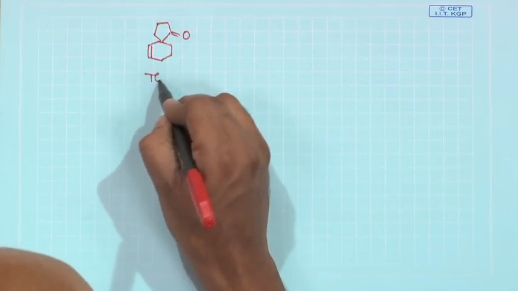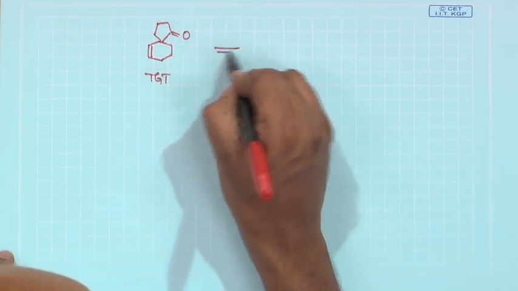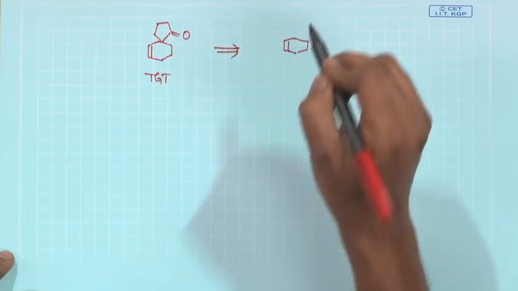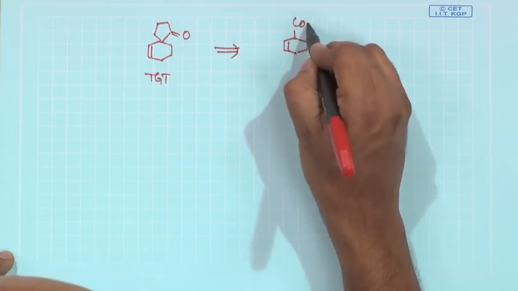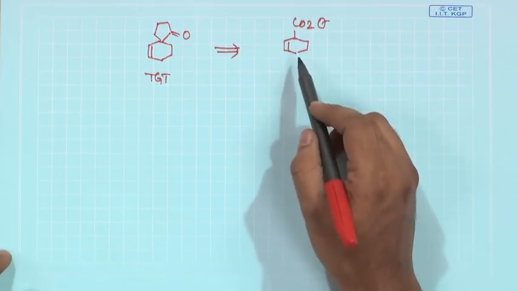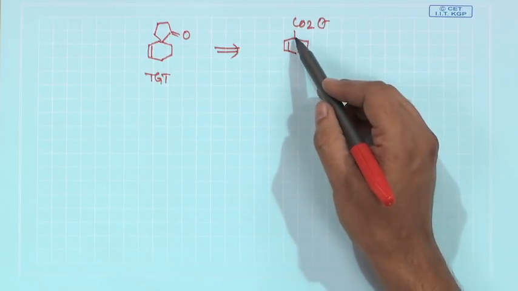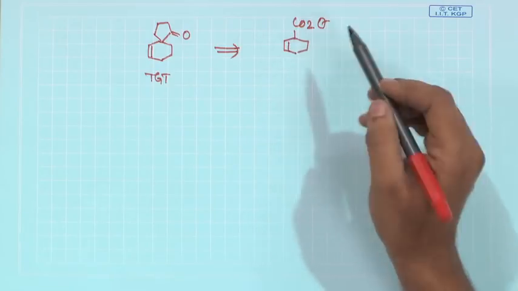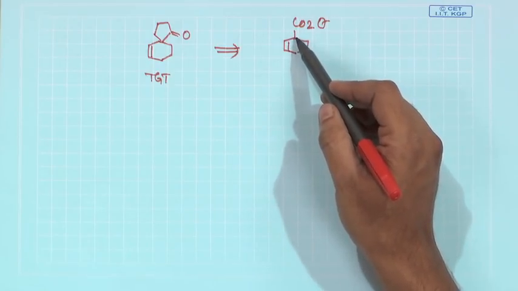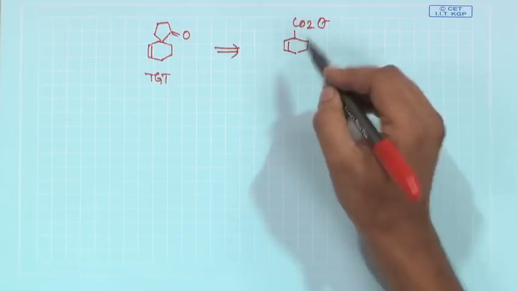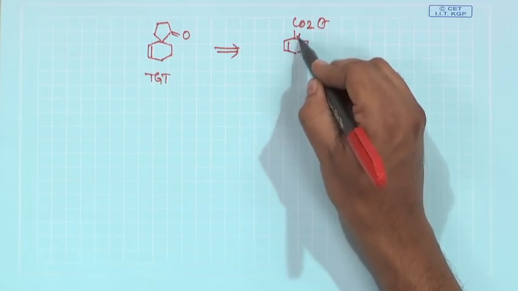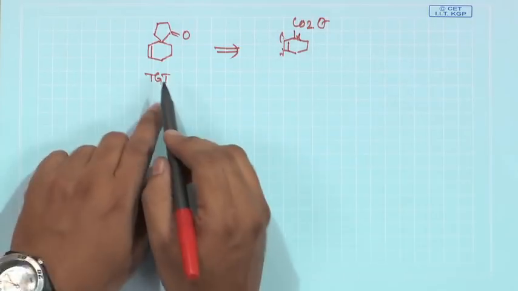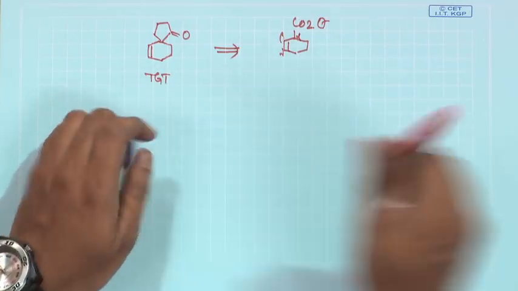This is the target molecule, and the starting material which was given to you is this compound, a cyclohexyl based alpha beta gamma unsaturated ester. Now, try to correlate these structures.